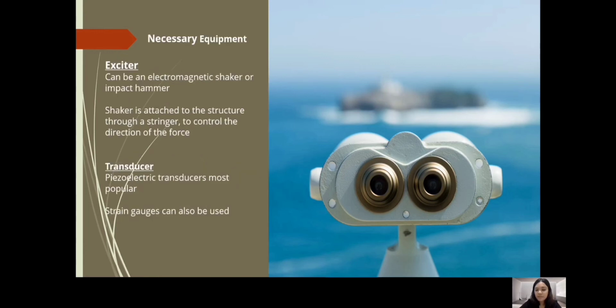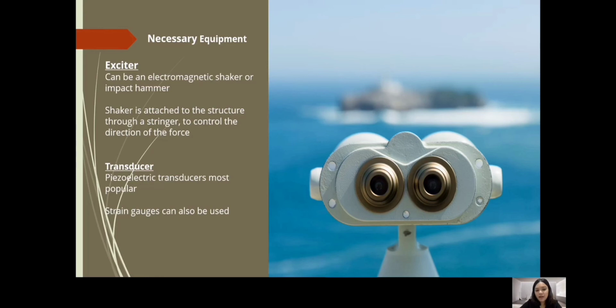The first is the exciter. It can be an electromagnetic shaker or impact hammer. The shaker is attached to the structure through a stinger to control the direction of the force.